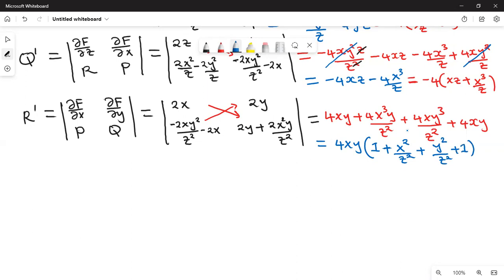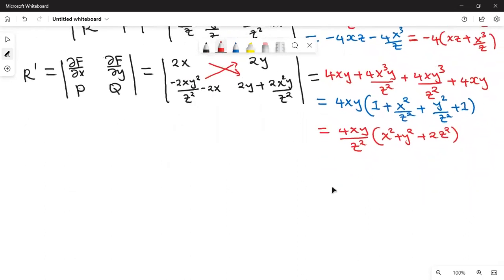If I factor out the z squared, this can also be written as 4xy over z squared in bracket x squared plus y squared. Remember, I'm factoring out z squared, so this will be plus 2z squared. It's the same thing.